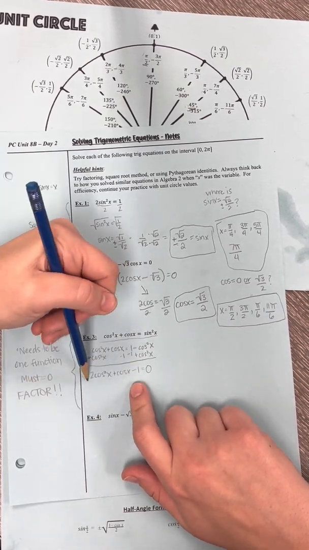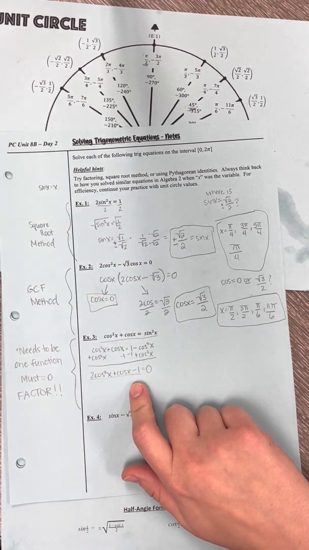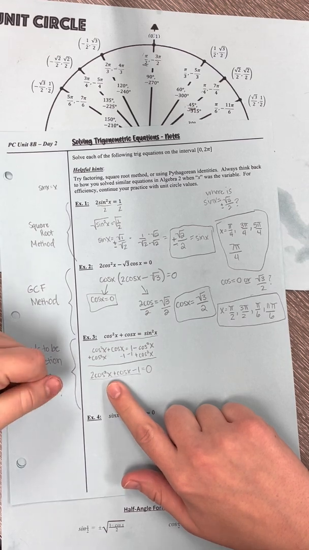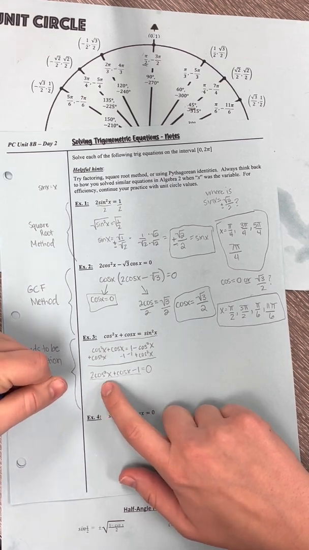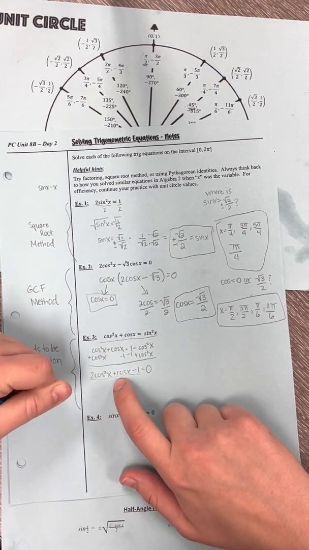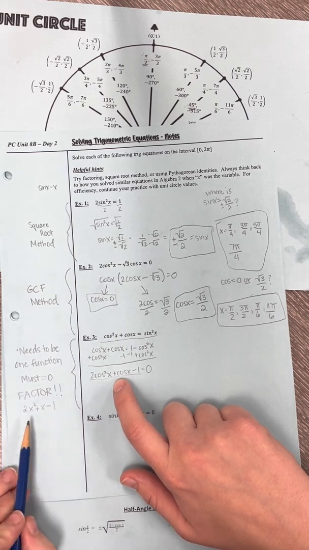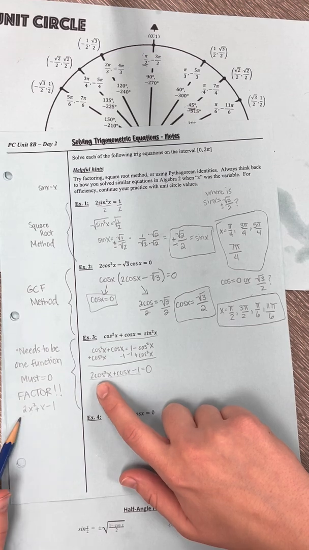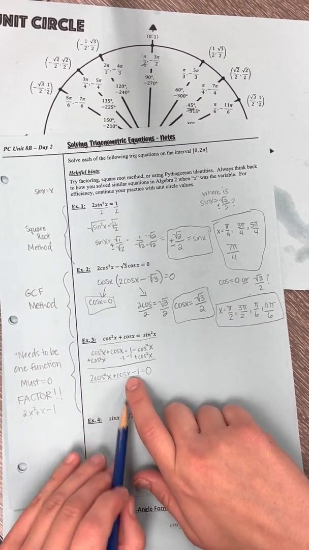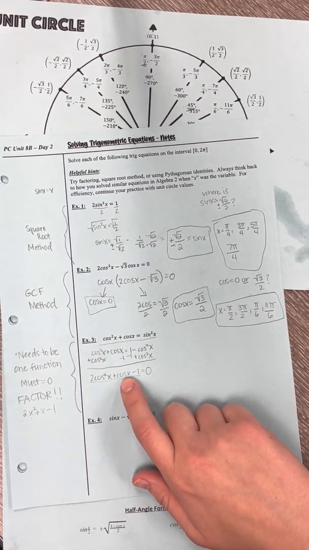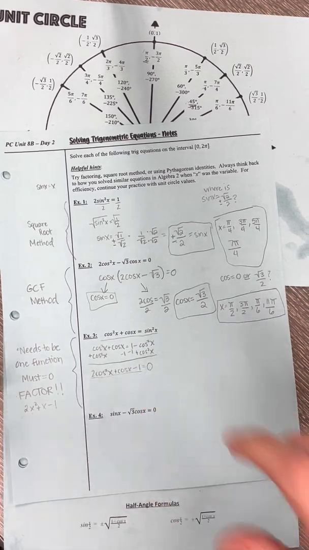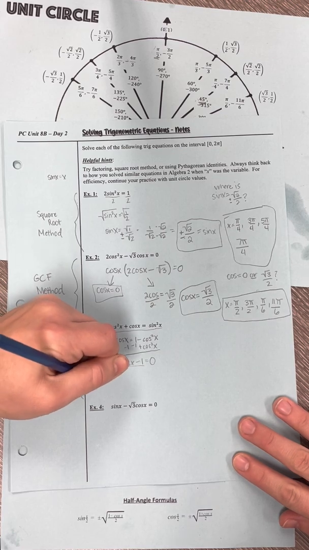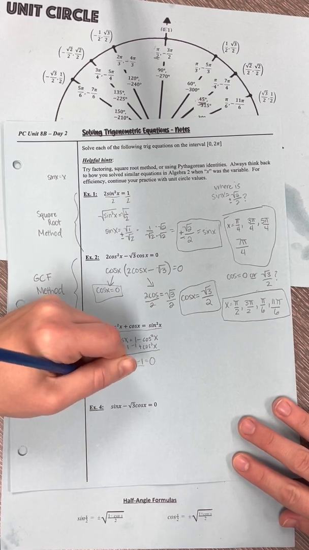If I were going to factor this, you're probably thinking, how? Well, if cosine x is x, this is the same thing as factoring 2x squared plus x minus 1, because this is cosine squared. So we have x squared, 2 in the front, plus cosine x, which is just x, and then minus 1. So we would factor that. We've got 2 cosine x minus 1.